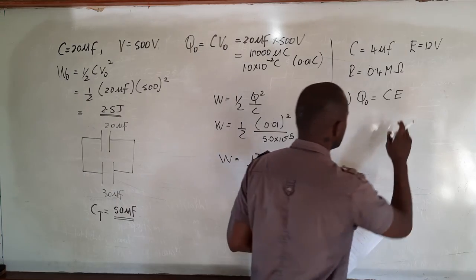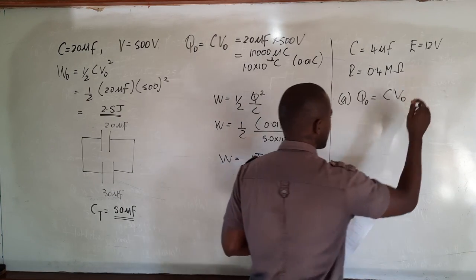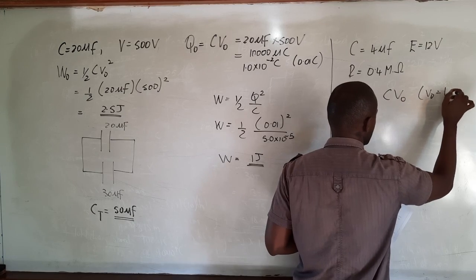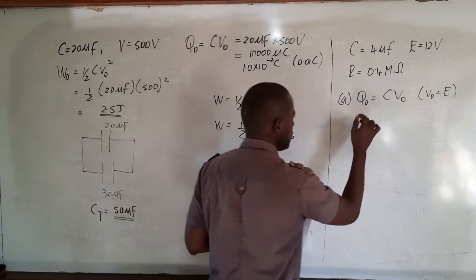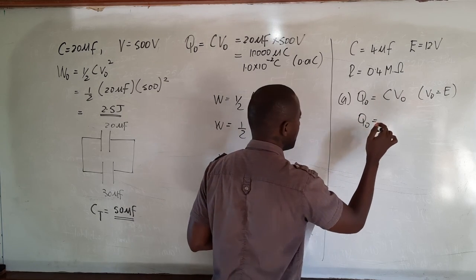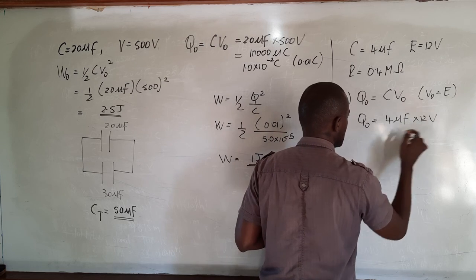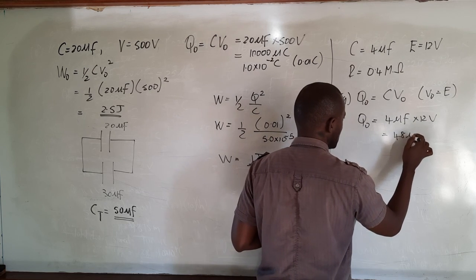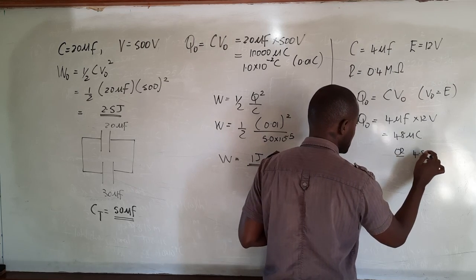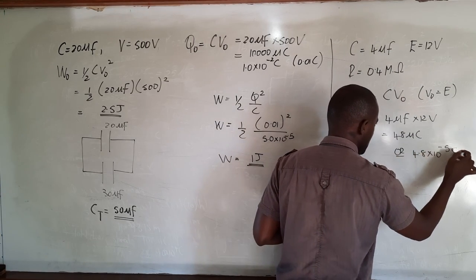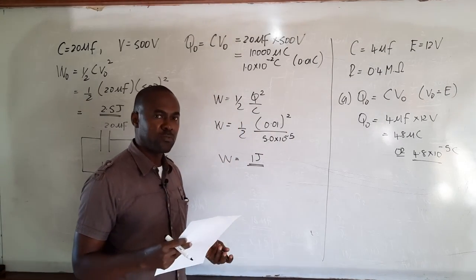Or if we want to call this V naught, Q is equal to C V naught, where, of course, V naught would be equal to the battery's EMF. And so therefore we see that Q naught is equal to 4 microfarads times 12 volts, which gives us 48 microcoulombs, or 4.8 times 10 to the minus 5 coulombs, right?